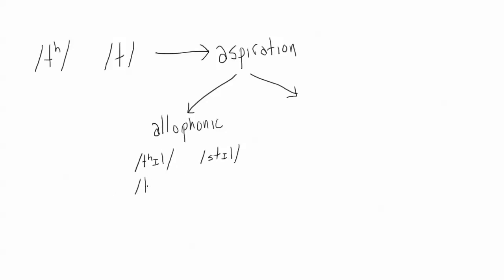So let's just talk about that real quick. If you're trying this after you watch the video, say the word till, till, till, and you'll feel the aspiration, and then say still, and then try to say still without saying the S part. So try to think the word still, but just leave out the S and say till.